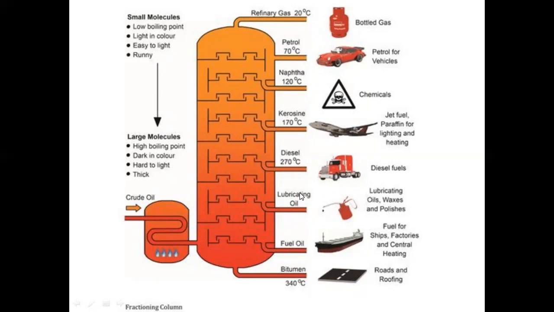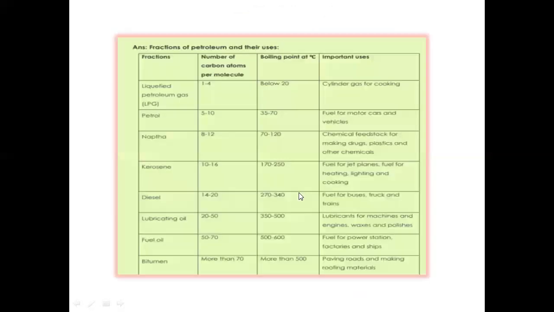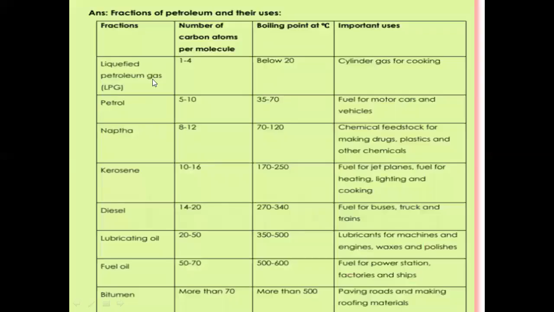And what are their uses, where do we use these fractions? The first fraction is liquefied petroleum gas, which is also called LPG. LPG means liquefied petroleum gas. They contain 1 to 4 carbon atoms per molecule, and their boiling point is below 20 degrees centigrade.